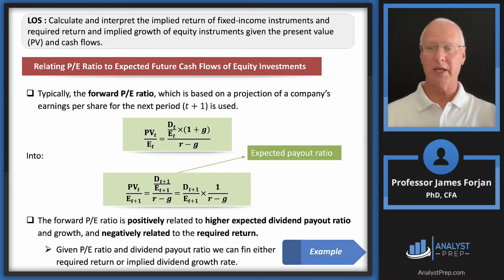Forward PE ratio is positively related to higher expected dividend payout ratios. Oh, wow. This makes a lot of sense. And it's positively related to growth, but negatively related to the required return. So what was I saying just a moment ago? Throwing in earnings, whether it's current earnings or expected earnings, like in these two in the bottom green box there, gives us a better understanding of the interworkings of those variables.